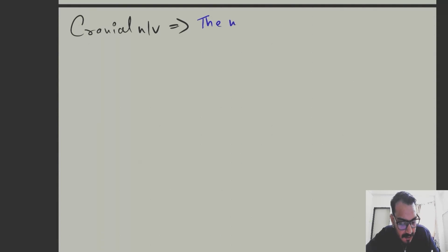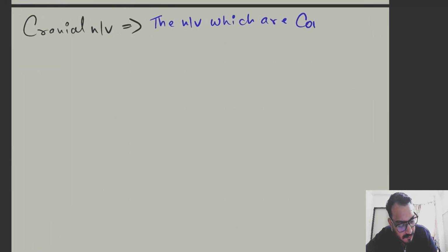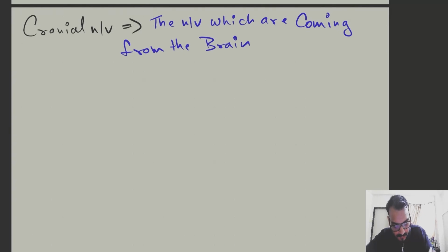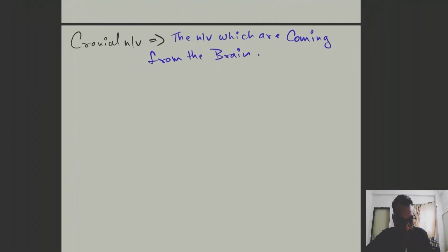The nerves which are coming from the brain are known as cranial nerves.